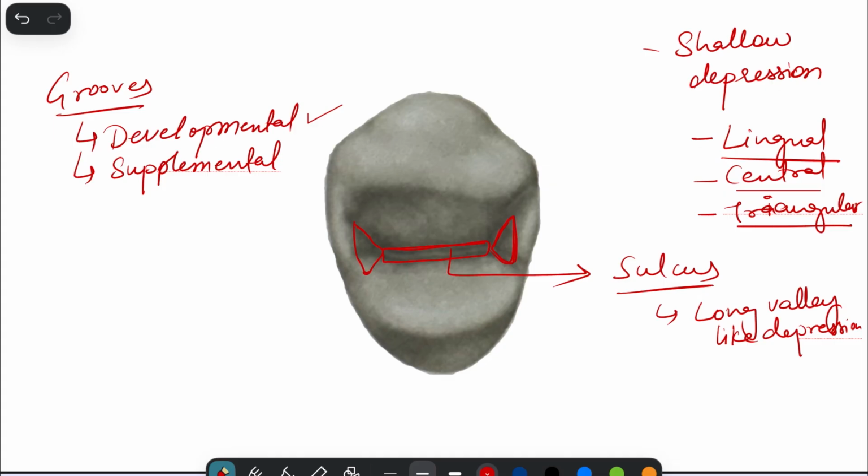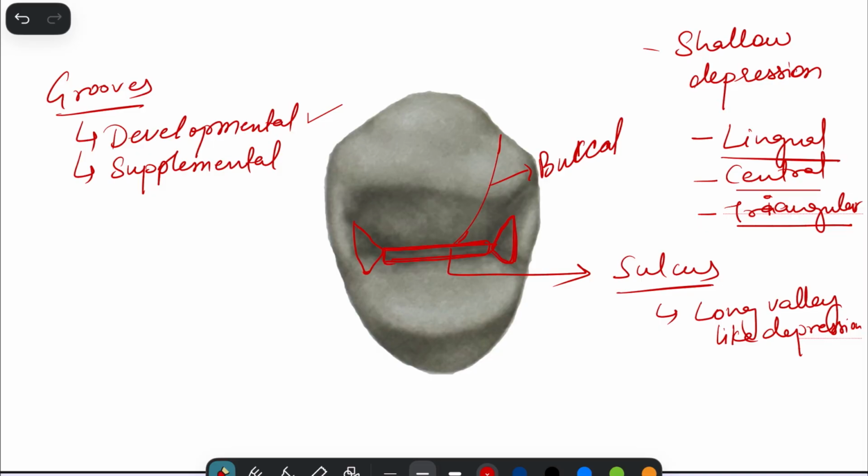Example, the central groove. So the groove that you are able to see here, that is the central groove because it is in the center of the occlusal surface. Okay, then we have the buccal groove. So if suppose a groove, a depression passing from the occlusal surface to the buccal surface, that will be the buccal groove.